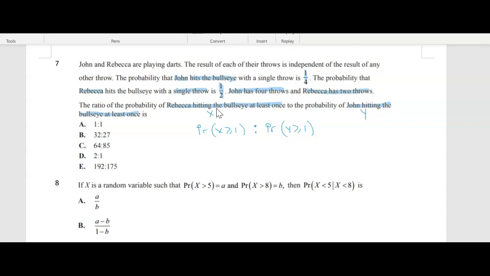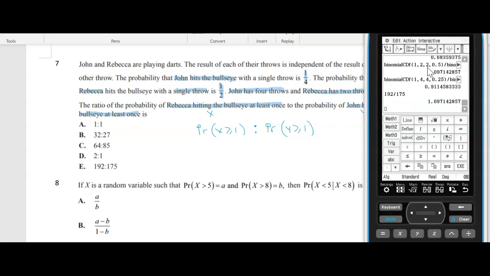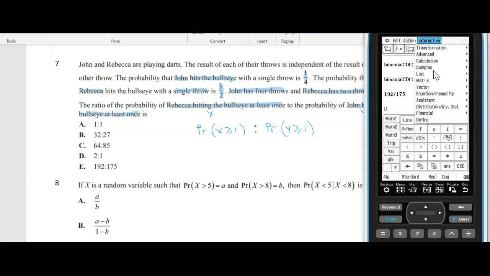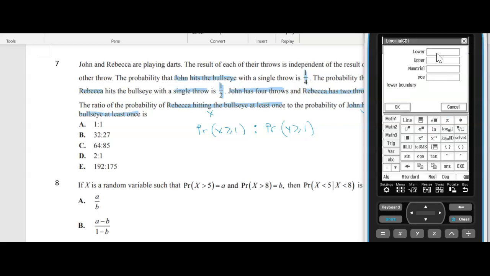You'll need to use the binomial distribution. We're doing Rebecca first, and it's a bit annoying because John was written first at the start of the question. So binomial CDF. We want at least 1, so lower limit is 1. Remember, for discrete probability, it does matter what your lower limit and your upper limit is.